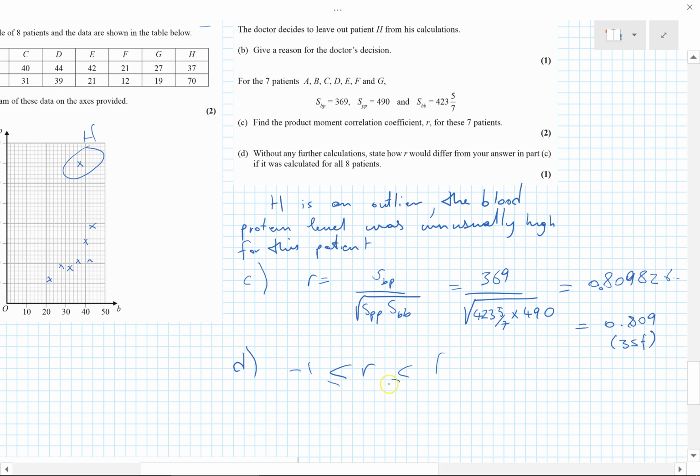The closer it is to 1, the more correlation there is, or -1 if we're talking about a negative correlation. But if there's no correlation, it's going to be closer to 0. So this will reduce the correlation, so r would go closer to 0 is the answer.